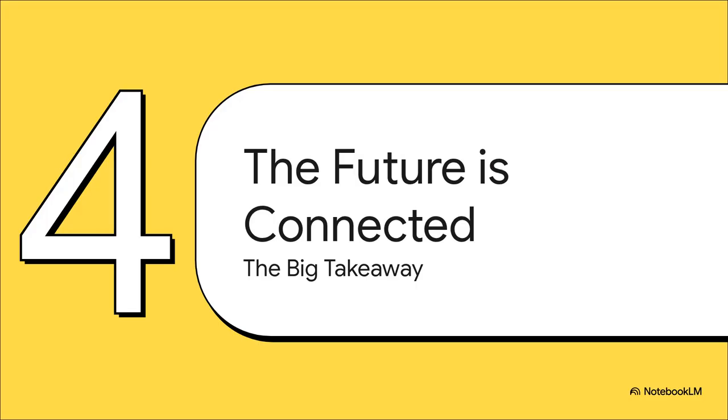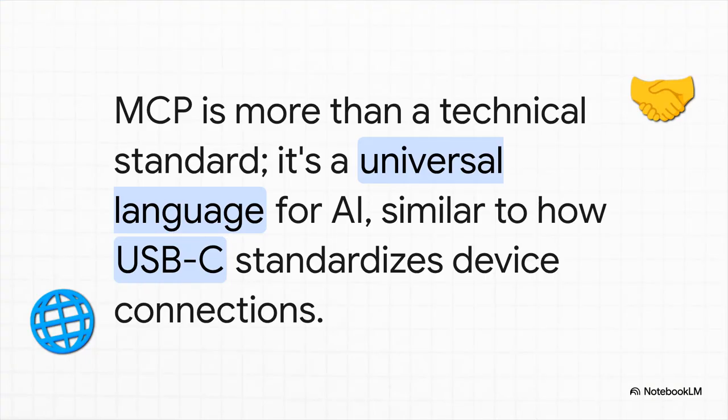So we've seen shared memory between apps, deep research agents, video search. After seeing all these incredible applications, what's the big takeaway here? And this right here is the most important thing to grasp. The Model Context Protocol is so much more than just some dry technical standard. It's a foundational building block. It's creating a common language that's going to let all our AI tools and apps finally connect and collaborate in ways we're just now starting to dream up.